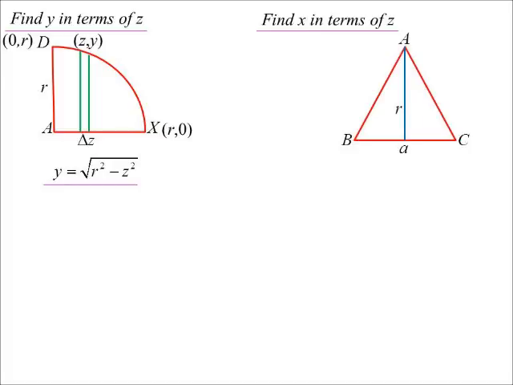Let's now find X. Now, to do this one, I'm looking straight down so I can see that base. So I'm looking at the base, ABC. Now, there's my slice, pop my slice in. I'm going to want coordinates.